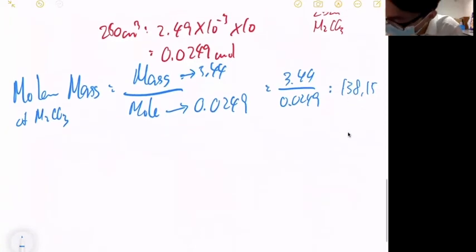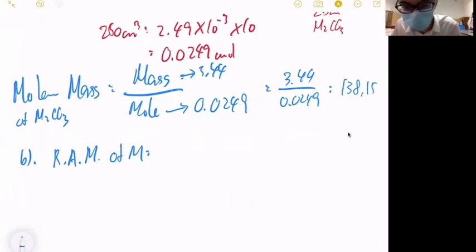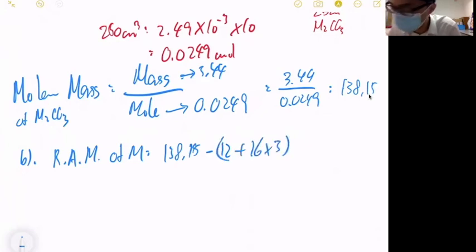And B part asks you to calculate the relative atomic mass of M, right? So we have the molar mass. Simply use the molar mass of the compound and subtract the carbonate. And then we have 2 M in one compound, so we divide overall by 2.